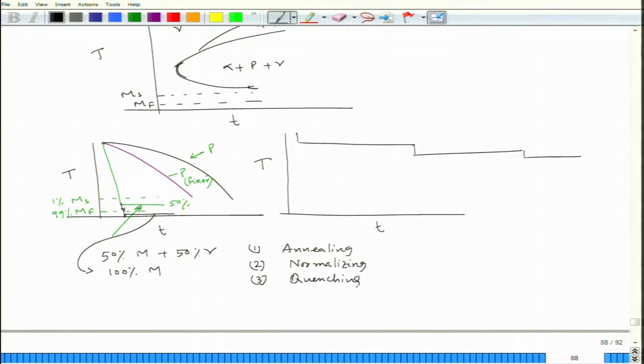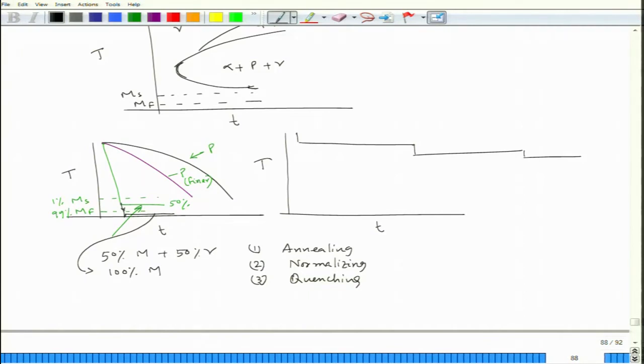Now, quenching can be done either in water or oil, depending on what kind of operation we are doing. For example, in the heat treatment of nuts and bolts or screws, because those have a tempered martensite structure, they are typically quenched in oil.